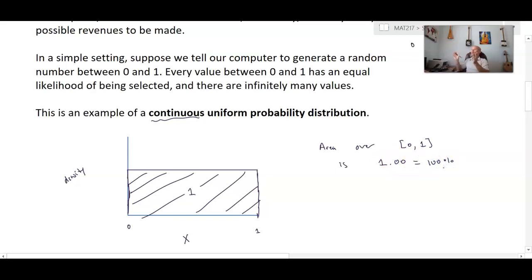So the area under this represents the probability of those outcomes. So if you're generating numbers between 0 and 1 uniformly, meaning that every number has an equally likely chance of coming up, then there's a 100% chance that you generate something between 0 and 1 because your random number generator is set to do that.